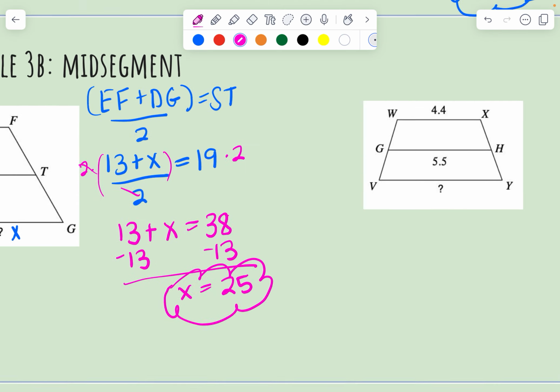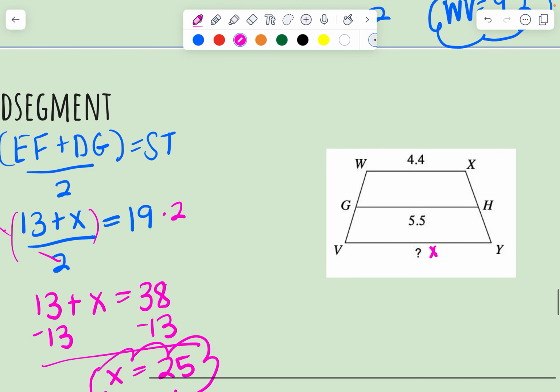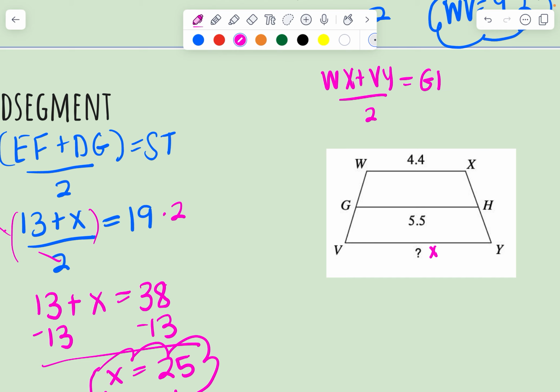So here's another one like that. Here we're looking for VY. Again, we'll just call that X. We know that WX plus VY divided by 2 is going to give us GH. So plugging in what we know, 4.4 plus X divided by 2 is going to give us 5.5.